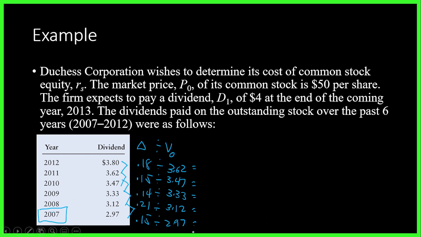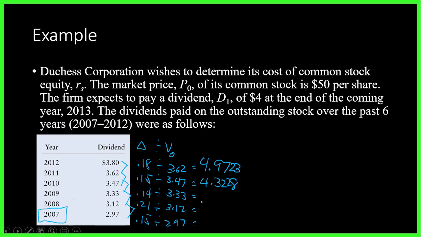Nakakatakot. 0.18 divide this by 3.62 equals, mas maganda pag hindi tayo magra-round off, pero this one will be 4.9723. Then 0.15 we divide this by 3.47. Dapat di ko na ginagawa pala ito, no? Napalayo na tayo eh. Pero napasubo na ako, kaya sige na nga. 3.228 na dapat yan.